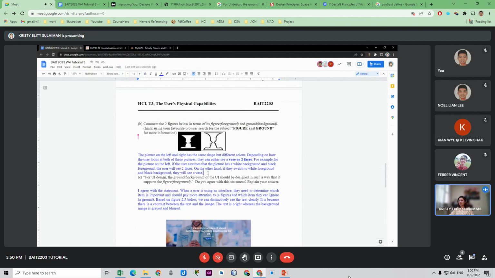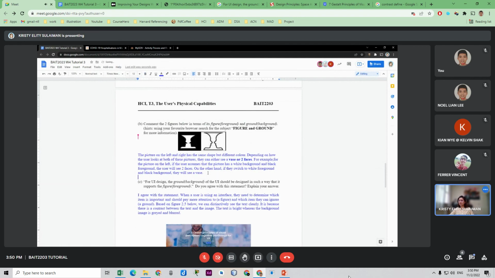Okay, this one is the one I mentioned just now. So for UI design, the ground or the background should be designed in such a way that it supports the foreground. Okay, so you agree with the statement: when a user is using an interface, they need to determine which item is important, and they should pay more attention to a figure.